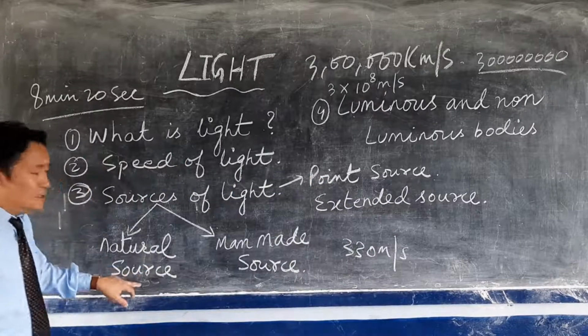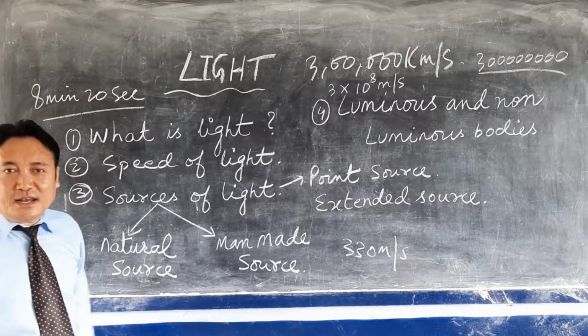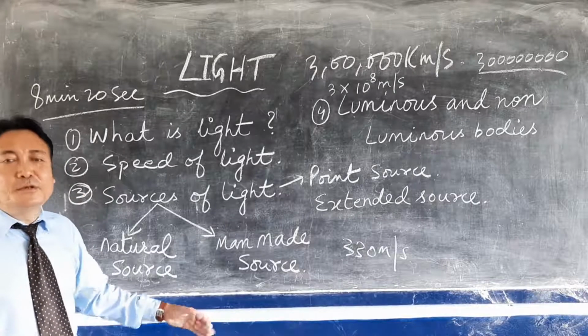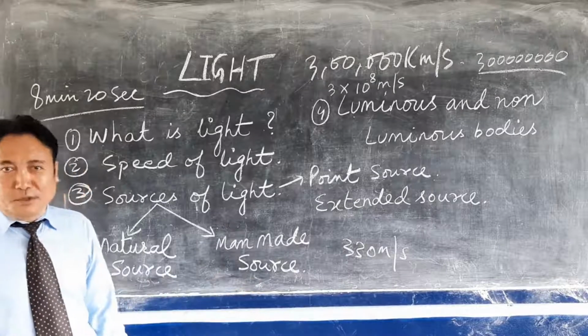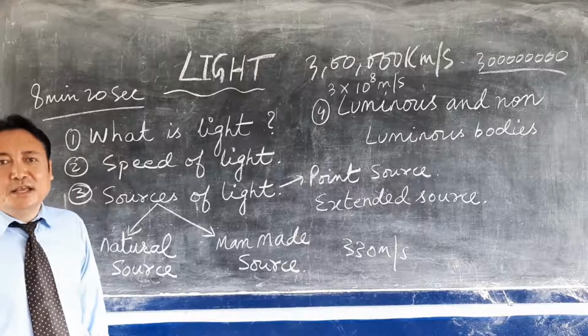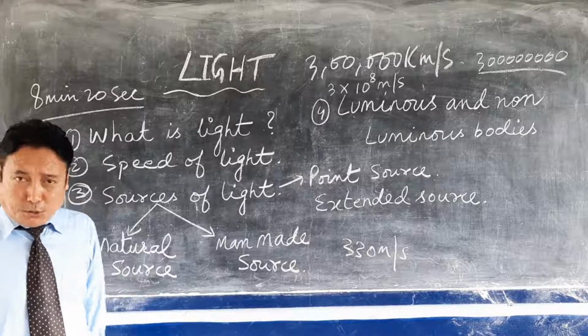The natural source means the sun is a natural source of light, stars are natural sources of light. Also some organisms emit light by their own, like fireflies, some glowworms, some algae and fungi in the ocean.